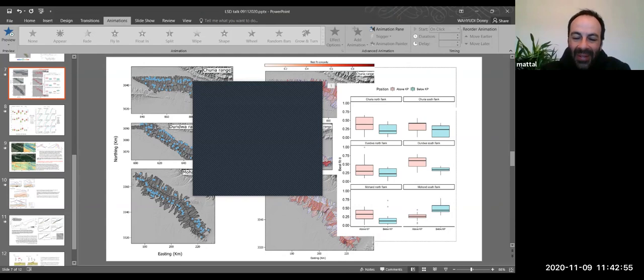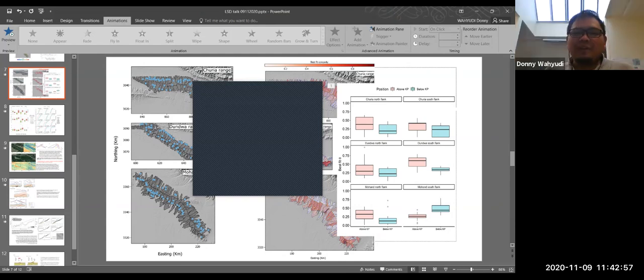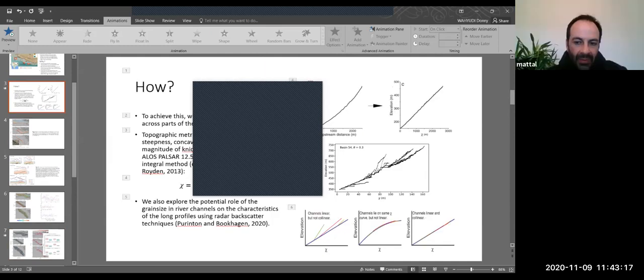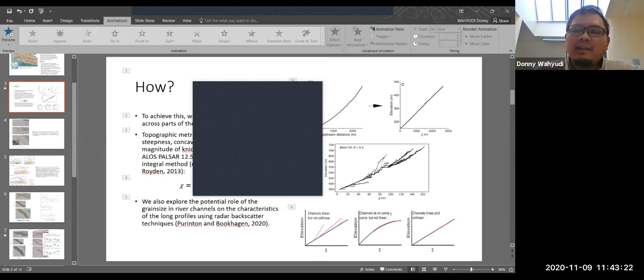So this is actually related to the process of how we extract the best fit concavity on these channels. If we go back to here, in this case we're trying to find the best collinearity between the tributaries and the trunk channel.